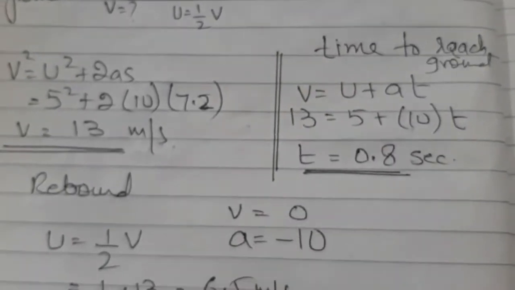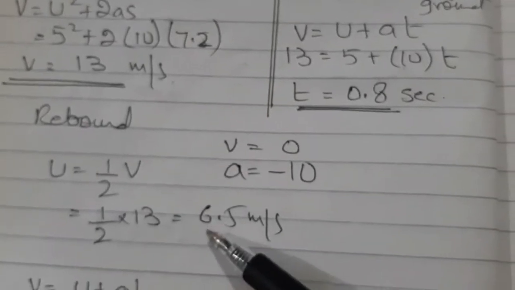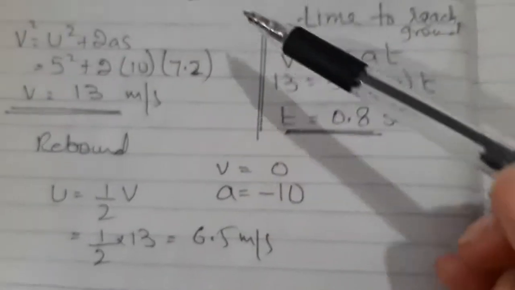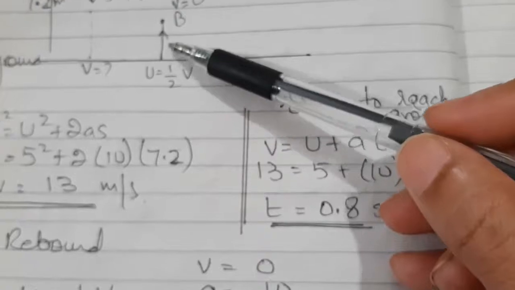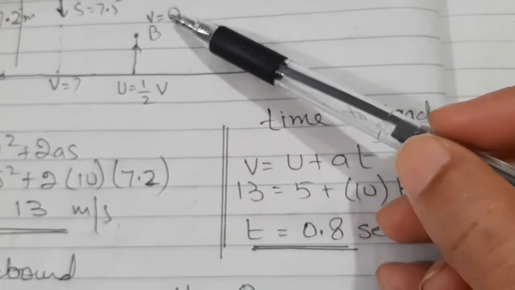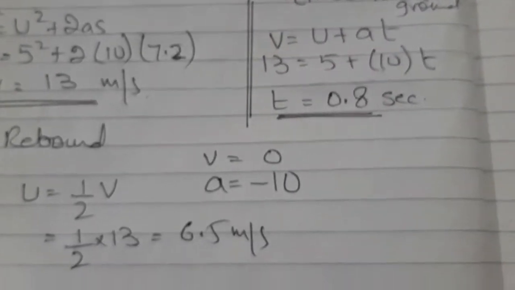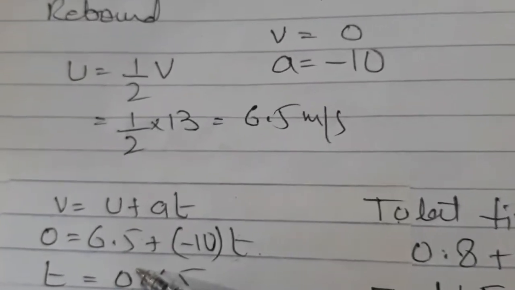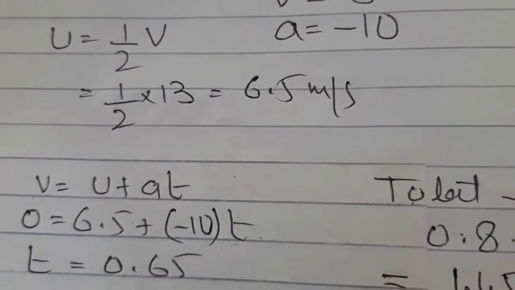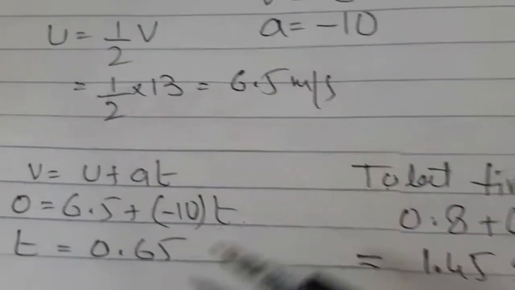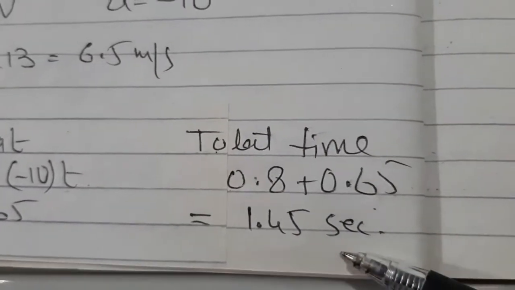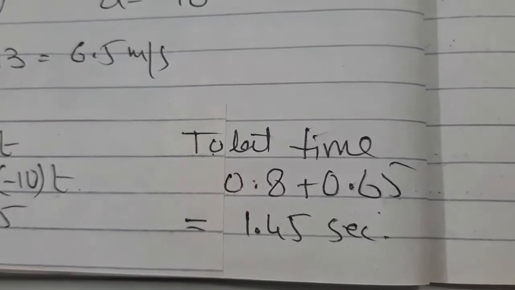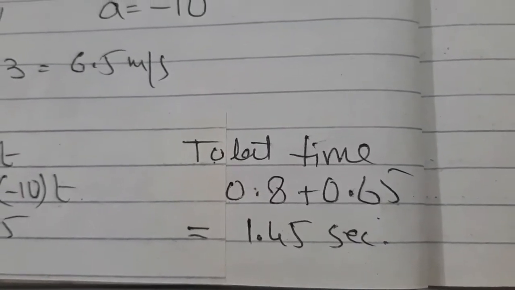U is what? 13 divided by 2, which is 6.5. And when it is going up, my A is minus 10, V is 0, T I have to find out. So I will use this equation again. V is equal to u plus AT, and I got time 0.65. So total time is 0.8 plus 0.65, which is 1.45 seconds.